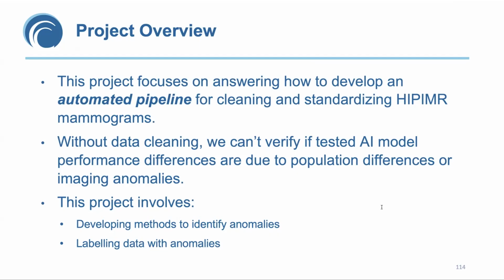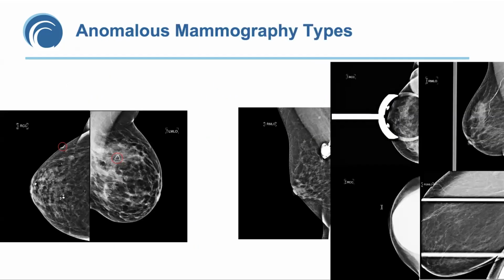On the side, we're also labeling data with these anomalies. In this slide, we have these examples. As you see on the left, these are the ones that we'll be labeling on the side. I'll explain why later. But from the middle to the right, we'll be using computer vision to detect these types of anomalies.